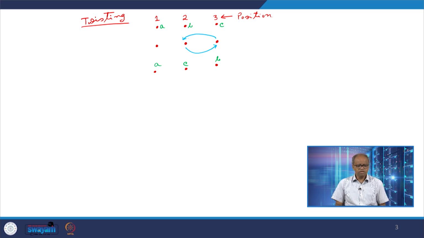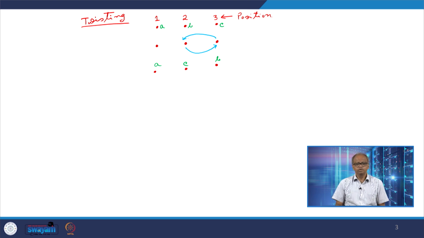Obviously, we can also have another case where the twisting of positions 1 and 2 takes place, and also a third case where the twisting of conductors in positions 1 and 3 takes place. So these 3 cases are possible.